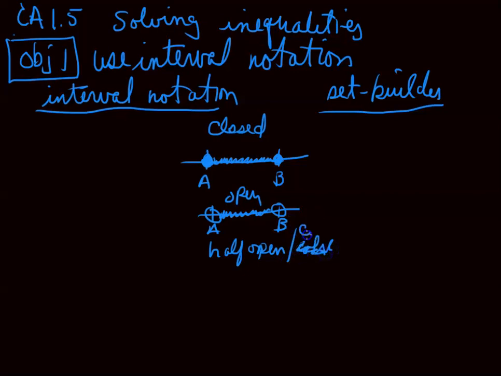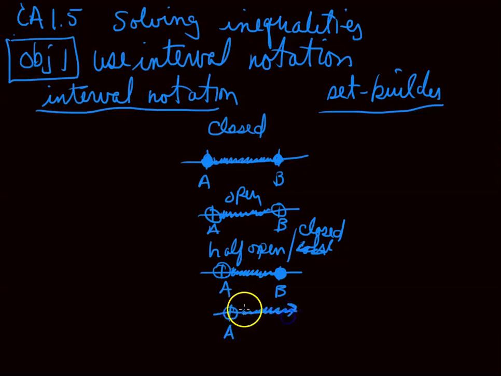Closed is when either one side is solid and the other is an open circle. You can switch the sides here. It could be closed at A and open at B. Then you've got things that go to infinity, perhaps to the right, perhaps to the left.